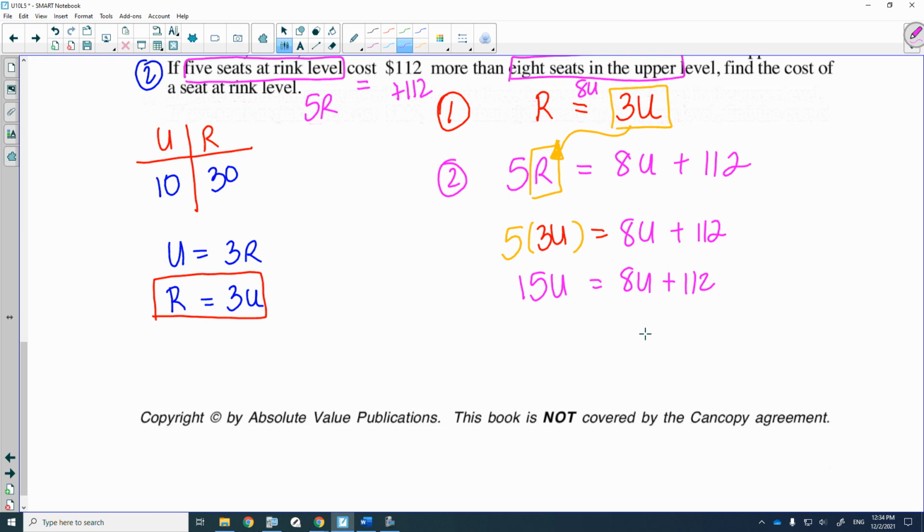Yep, subtract 8. And then when you divide by 7, each upper level seat, which are the cheap ones, are $16. So then the rink side seats are 3 times that.